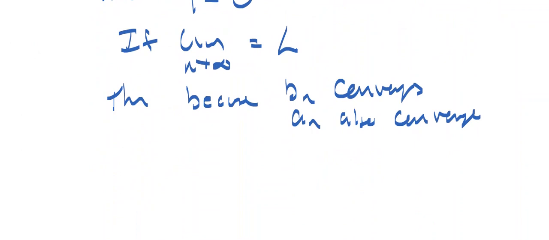So this is exactly how you should be doing every single problem for the homework. You should be doing the direct comparison test and the limit comparison test. Now, the direct comparison test doesn't always work. If it does not work, like it did not work in this problem, you need to show me why. Then go on and do the limit comparison test. Now, the limit comparison test can almost always be used.